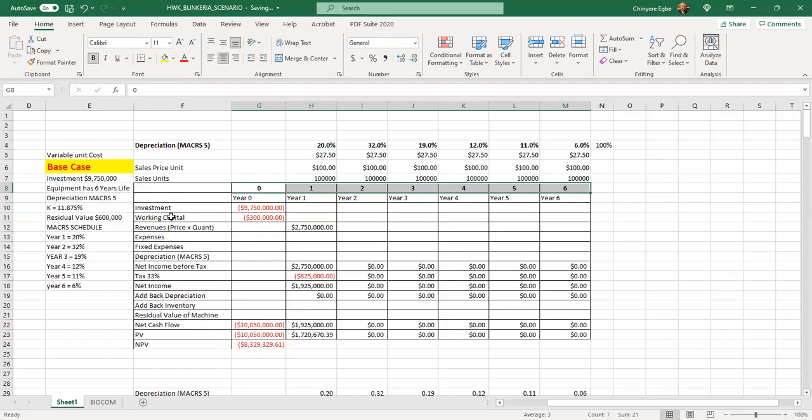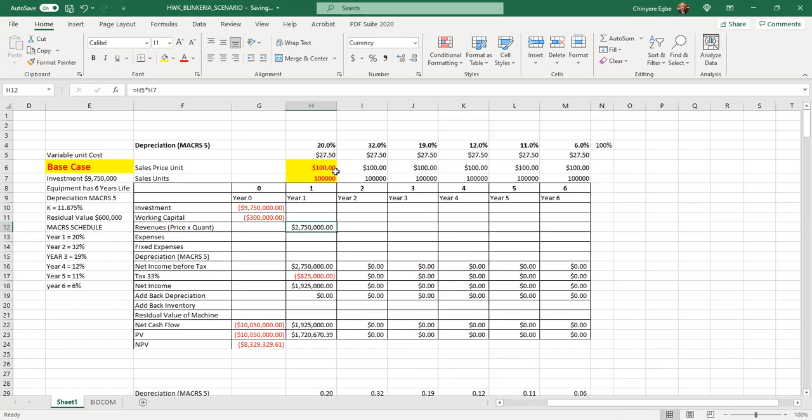And so we calculate revenues. The revenue is the sales price per unit times the number of units sold. So this is the sales price, and that is the number of units sold. Okay. So here we go.